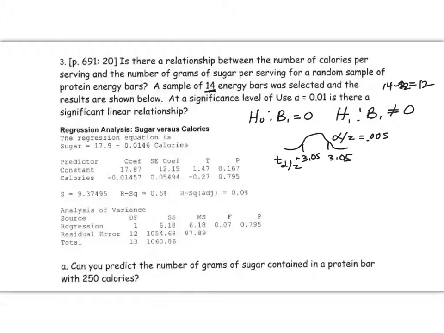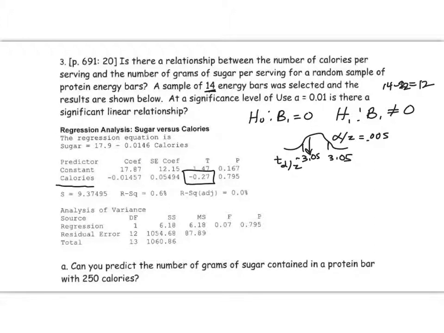And I can look up on my output here. T is negative 0.27. Negative 0.27 is going to fall in here somewhere.